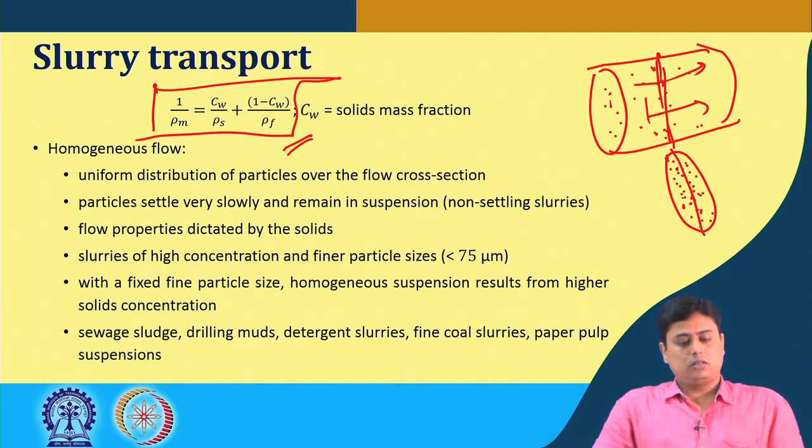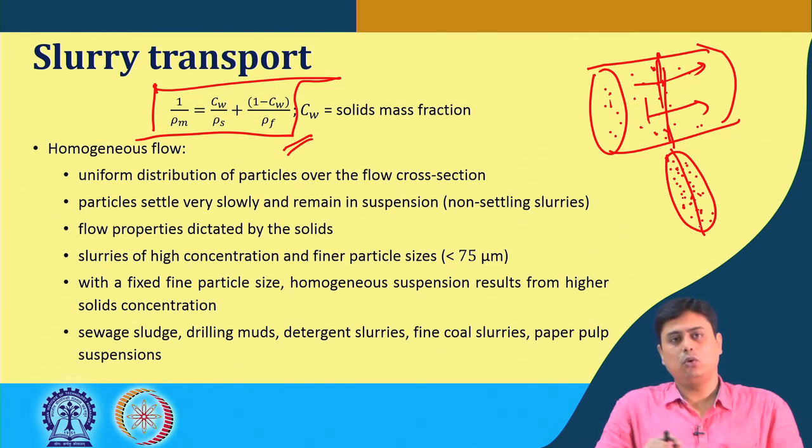Slurries that have high concentration and finer particles, say less than 75 micron, exhibit this homogeneous flow behavior. Now, with a given particle size, if we increase the solids concentration, the flow tends to be homogeneous in nature.